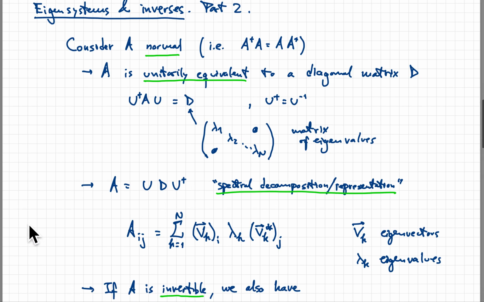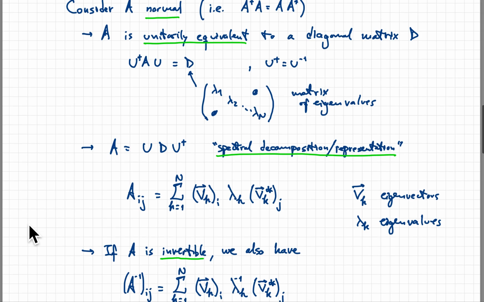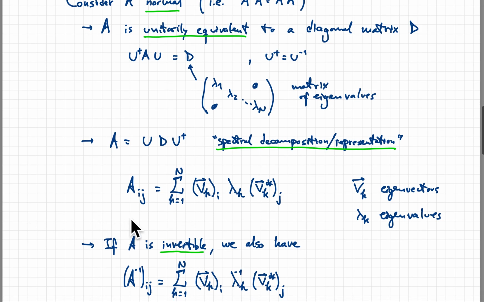Written in detail, the matrix elements A_ij are given by the sum from k equals 1 to n, where n by n is the size of our matrix, of a product of eigenvector component i, eigenvector component j starred, and then the eigenvalue lambda k in between.